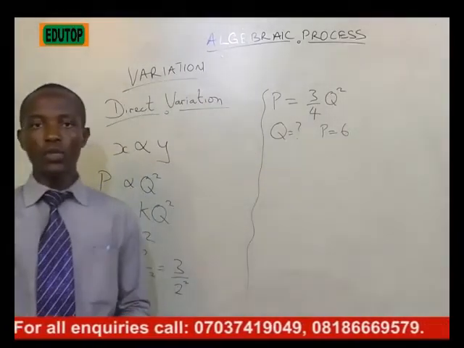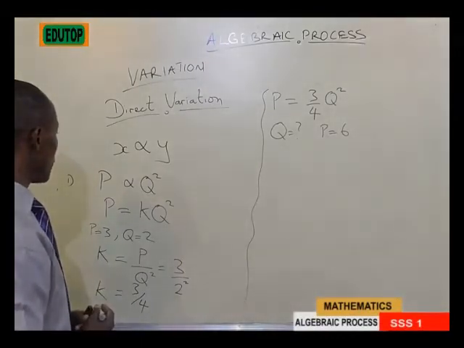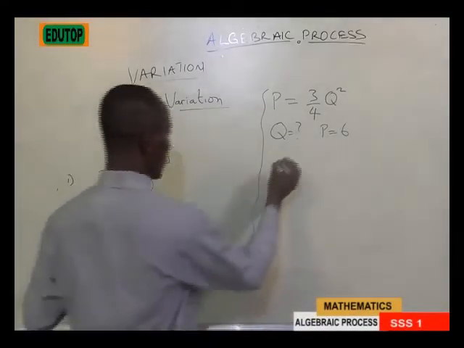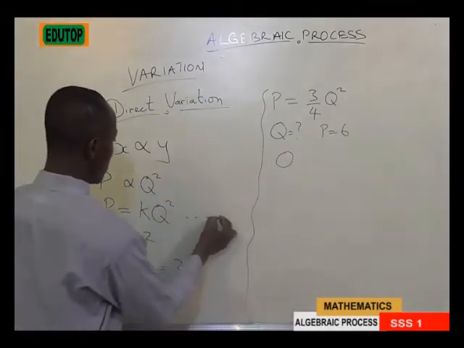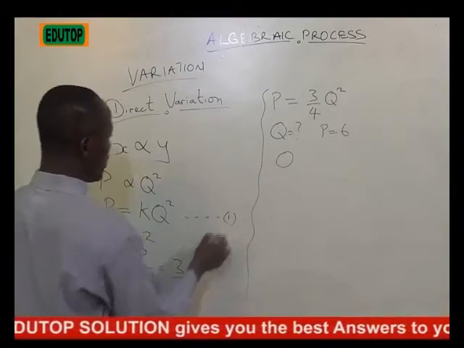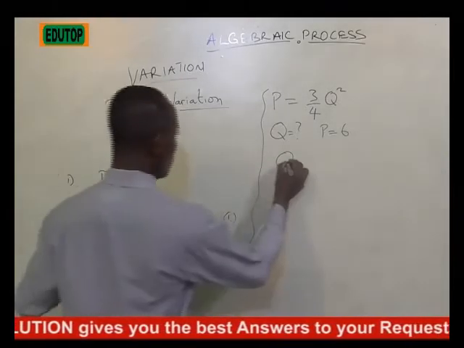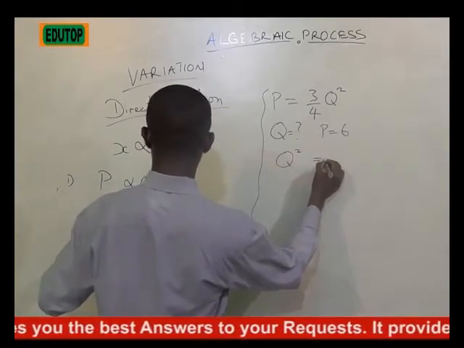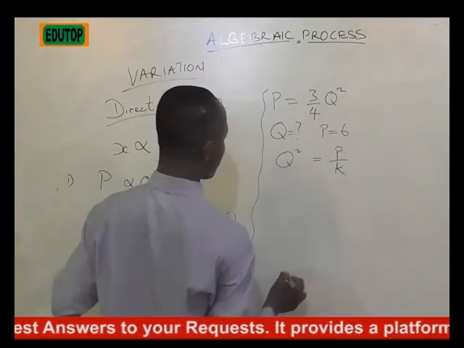Now we are still going to make use of the knowledge of change of subject of formula. Here, that will be our q from this equation. Let's name it equation 1. From equation 1, we can easily say that q squared is equal to p all over k.